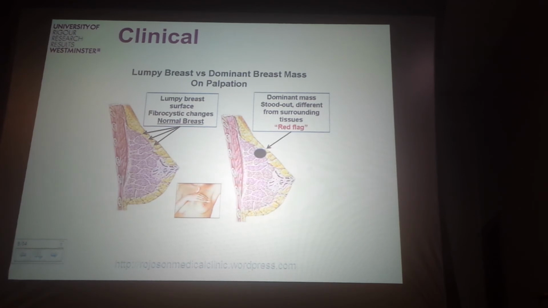So this is coming back to the question that was asked at the back. How do you know that with regard to clinical? And this is actually whether it's breast or any other part of the body. How do you know clinically that you have something that is cancer versus something that is normal?